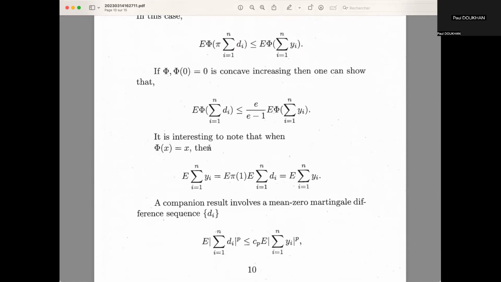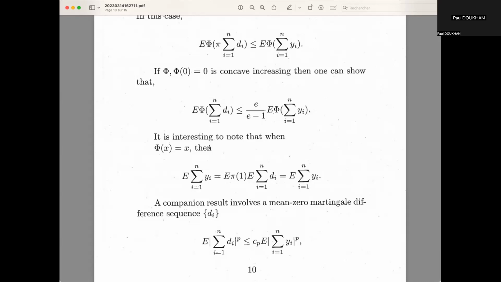So you have an identity, because the expected value of the Poisson of 1 is 1. Again, everything goes back to linearity of expectations.